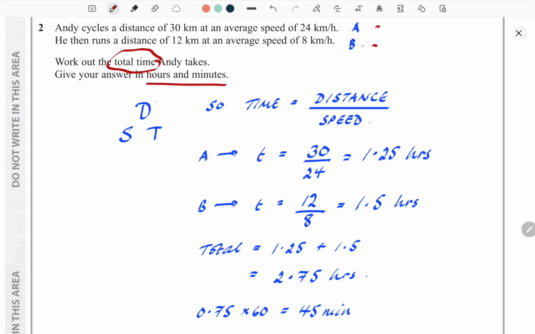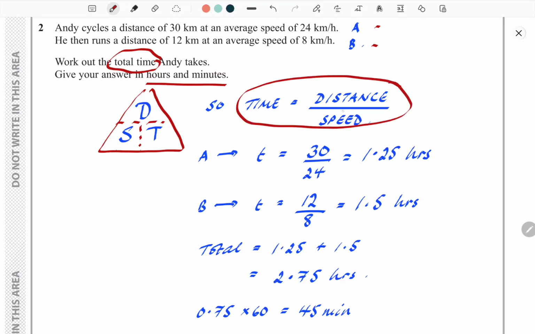Remember the triangle thing that you're all used to seeing, okay? Speed equals distance over time. Distance equals speed times time, etc. I'm sure you're familiar with that. So from that, we're going to use that time equals distance divided by speed, all right?